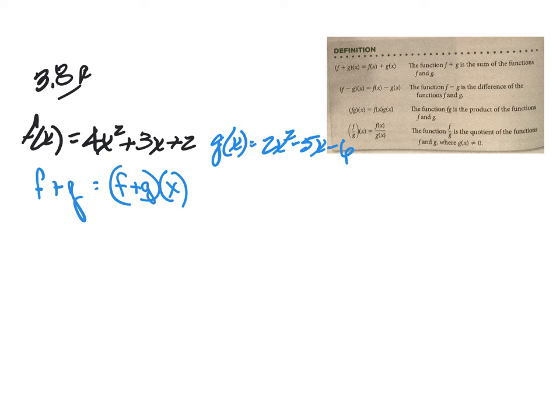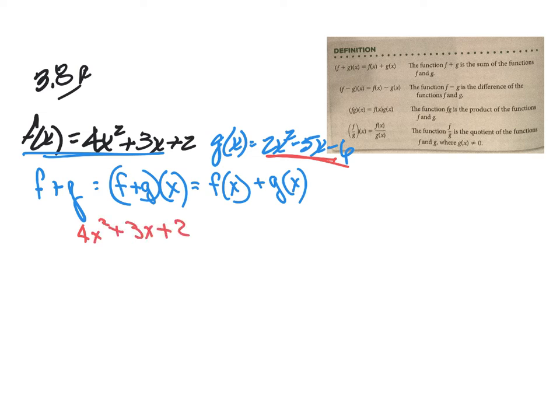And that means f of x plus g of x, which means you're going to add them together. So you're going to take 4x squared plus 3x plus 2, that's the f of x, and you're going to add, because of this plus sign, 2x squared minus 5x minus 6.